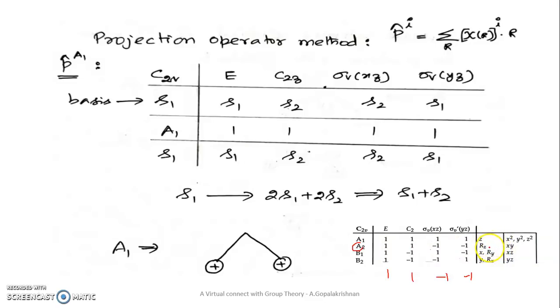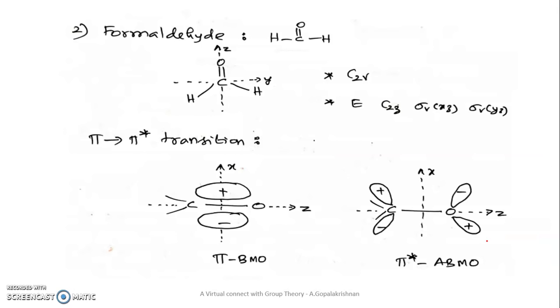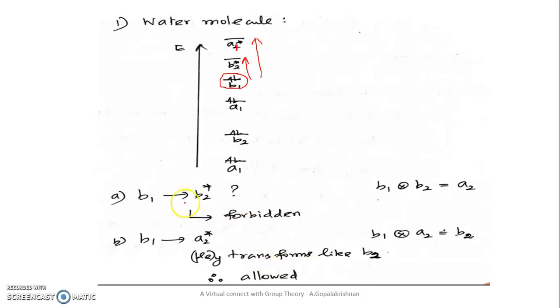Suppose if you have any one of X or Y or Z, then the transition becomes allowed. Since none of the dipole operators is available here, therefore the B1 to B2 star transition in the water molecule is a forbidden transition.